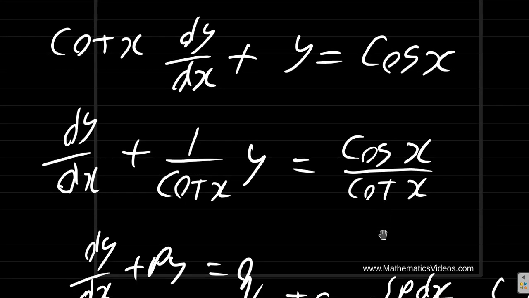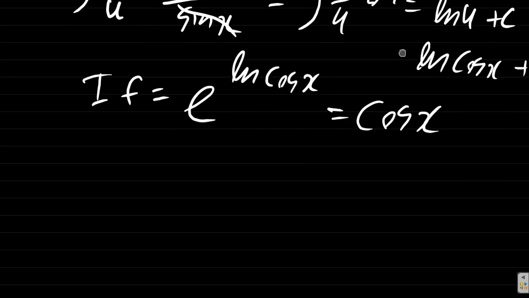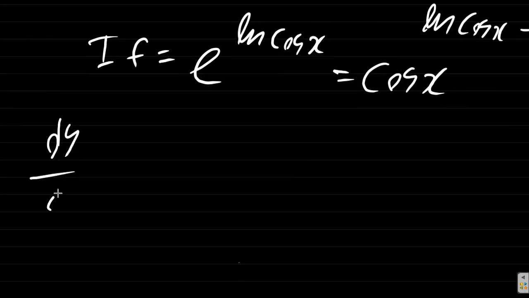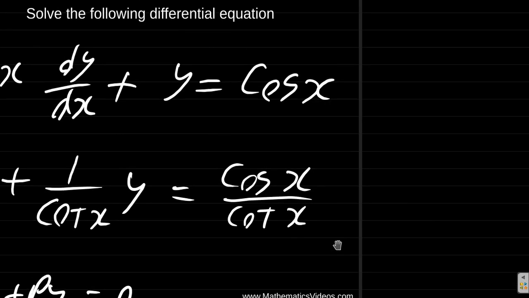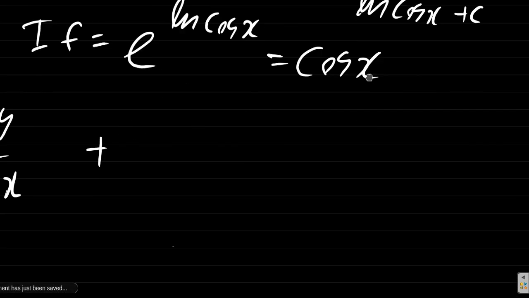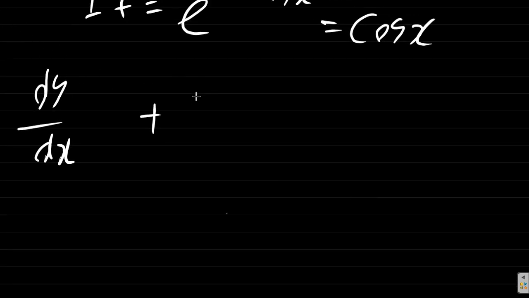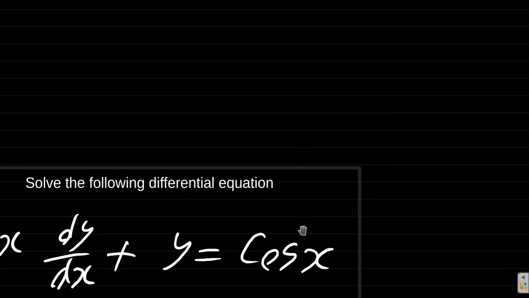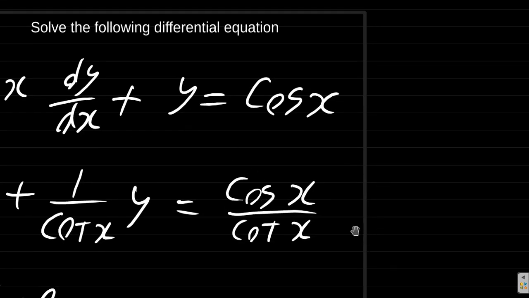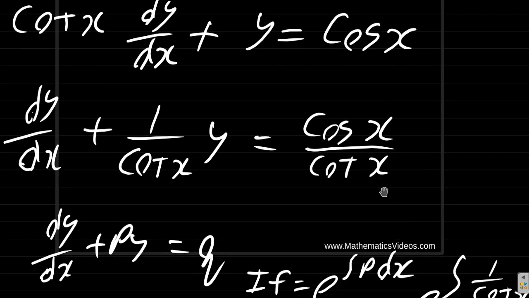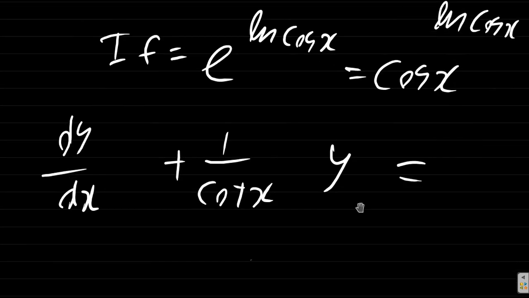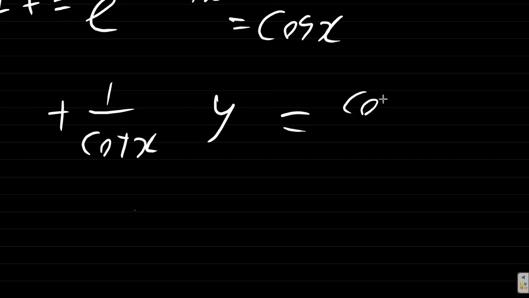What we have is dy by dx plus 1 over cotan x times y equals cos x over cot x.